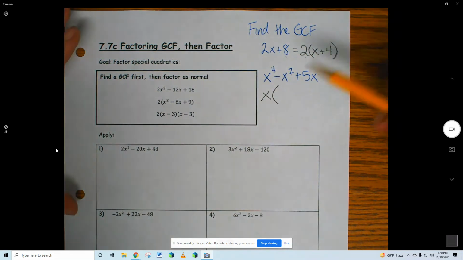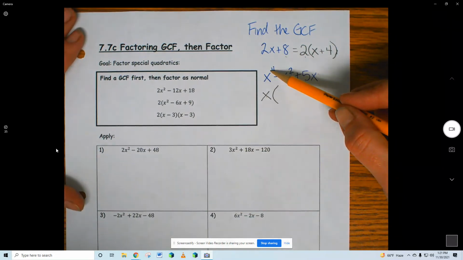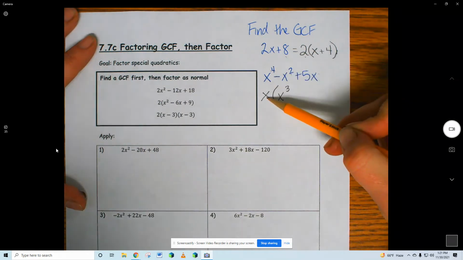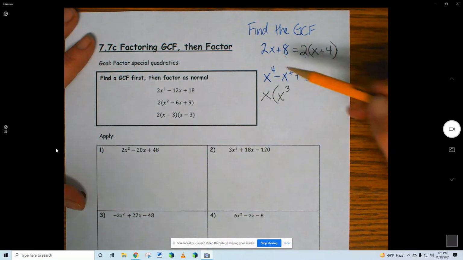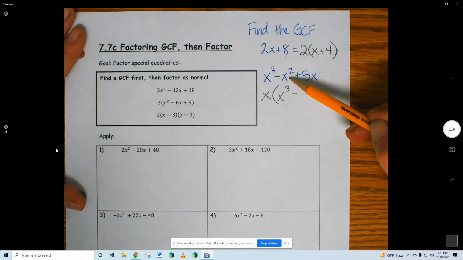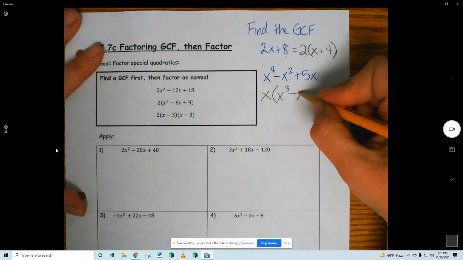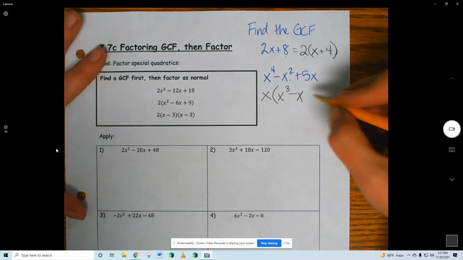Okay. What's x divided out of x to the 4th? X cubed, because I had 4 and I'm dividing 1 out. The minus sign is going to stay. What is x squared with an x divided out? Okay, so far so good. What is a plus sign?